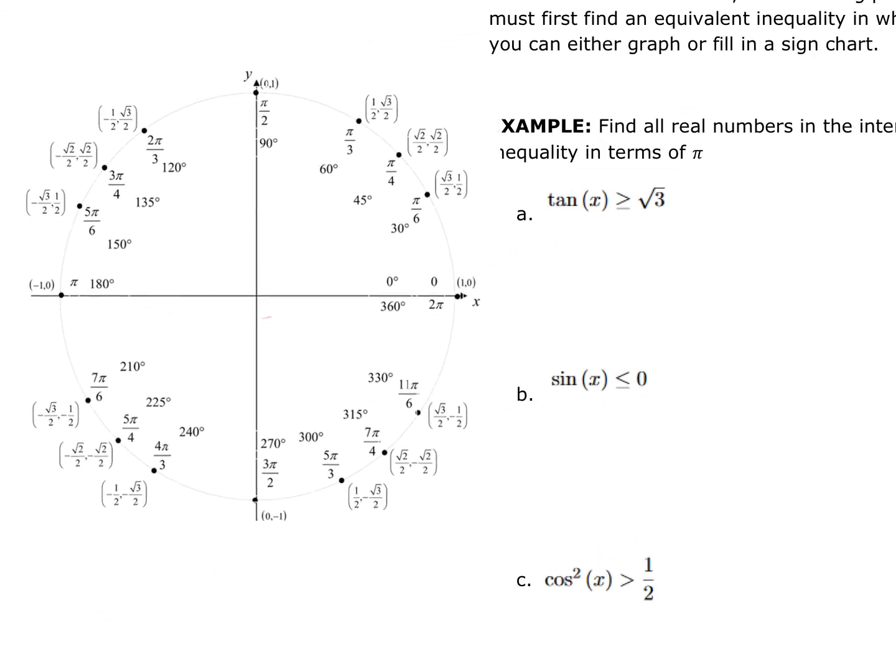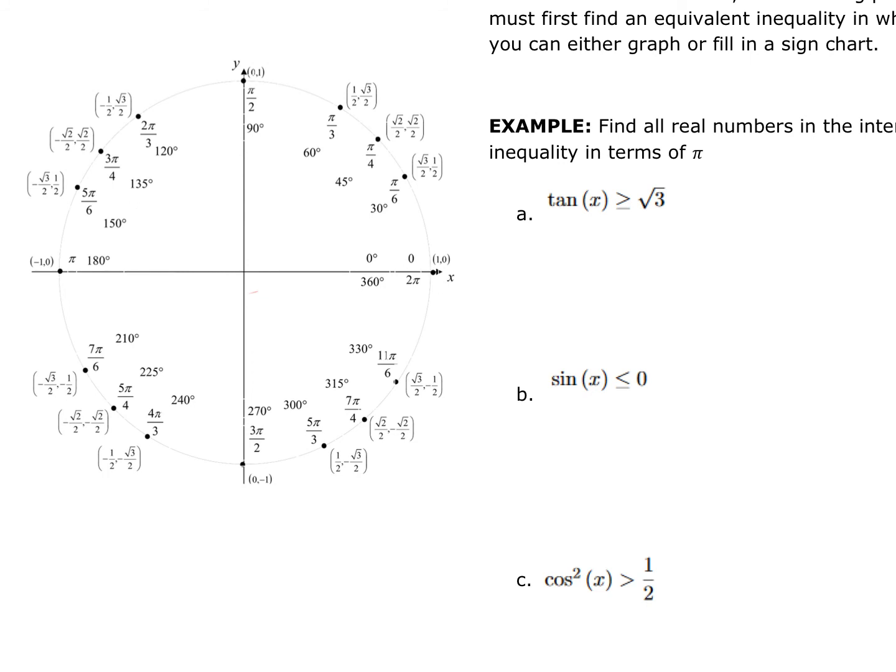There are a couple of solutions. We want it to be greater than or equal to. In this region, from here, inclusive but non-inclusive at pi over 2, this is a region in which the tangent of x is going to be at least the square root of 3 and no larger.